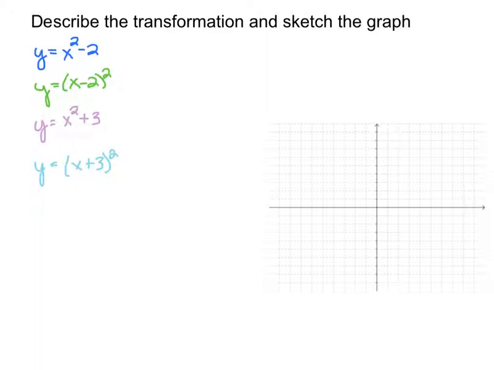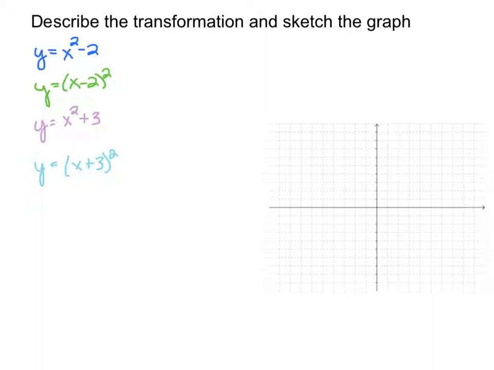Alright, now I'm going to try and sketch all these graphs on the same coordinate plane. Traditionally, if we're trying to sketch these graphs, we would have to do a t-chart for each one, pick about 5 or 6 points for each equation, plot, and sketch the graph. But here we're just going to use our shorthand. So the first thing is, let's figure out what our parent function is.